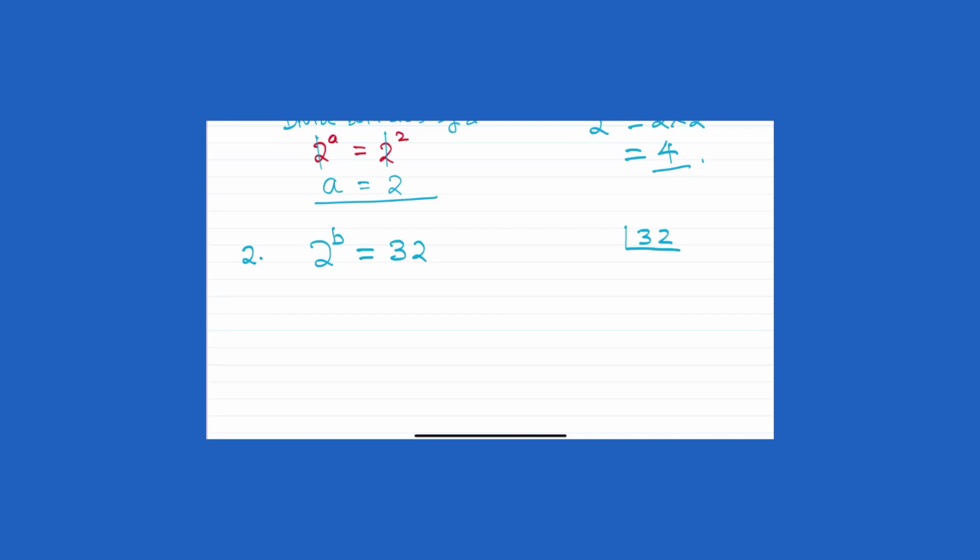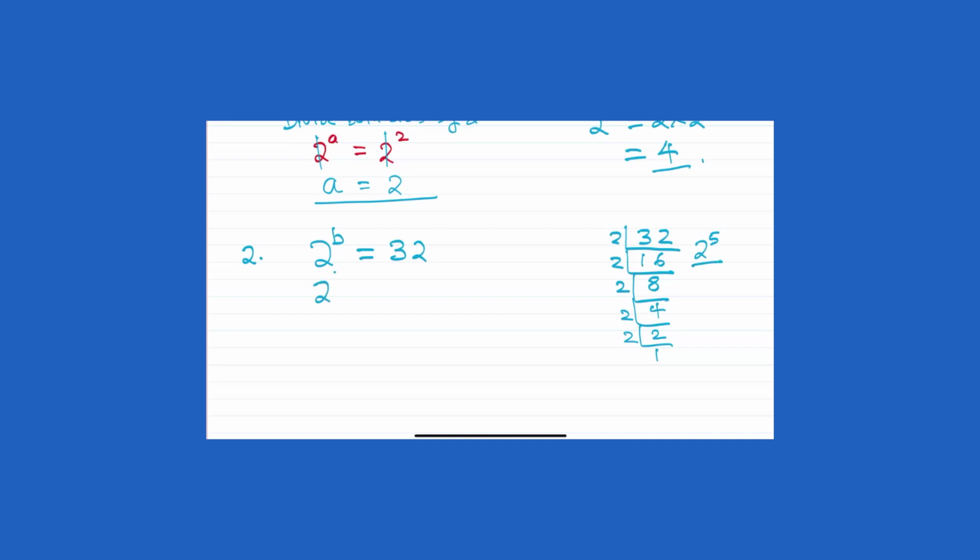So in order to answer that question, we can come here and this will give us 16, and 2 will give us 8, and 2 will give us 4, and 2 will give us 2, and 2 will give us 1. So if you look at it, we have 2 to the power of 5. That will give us 32.